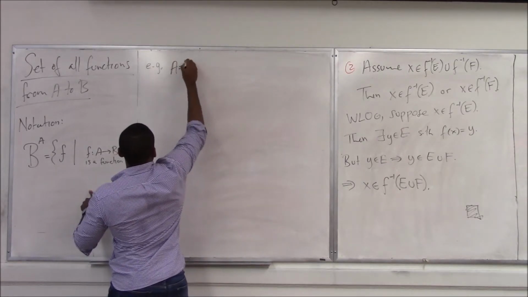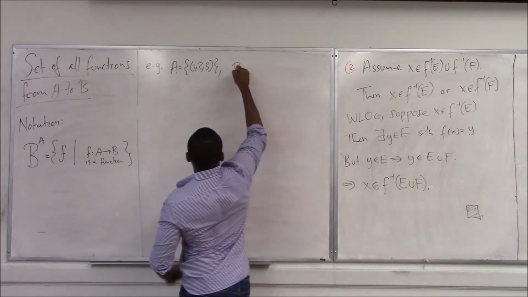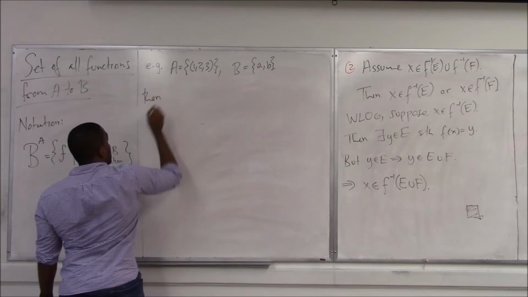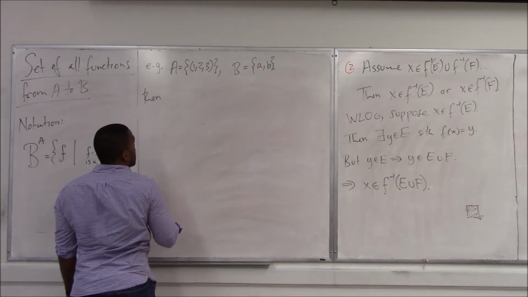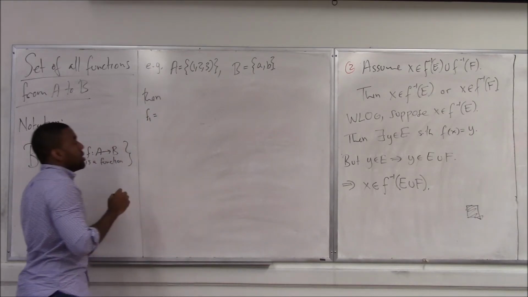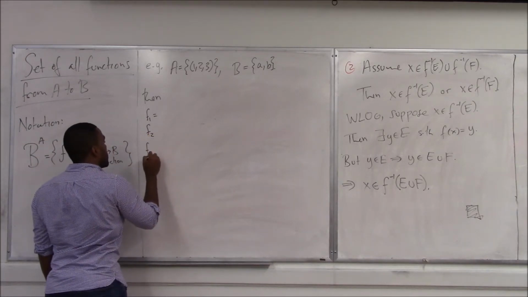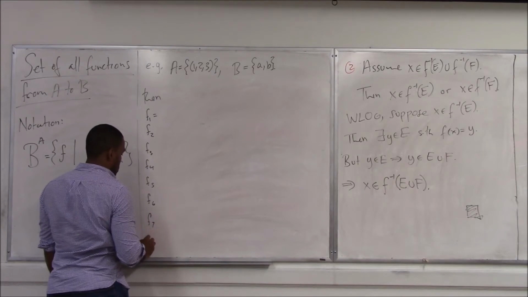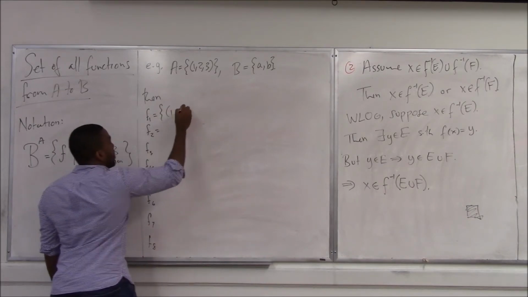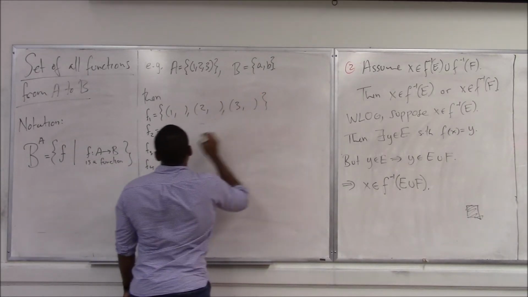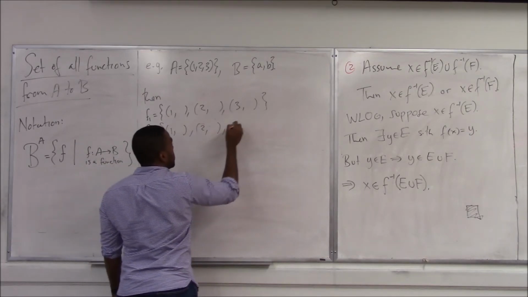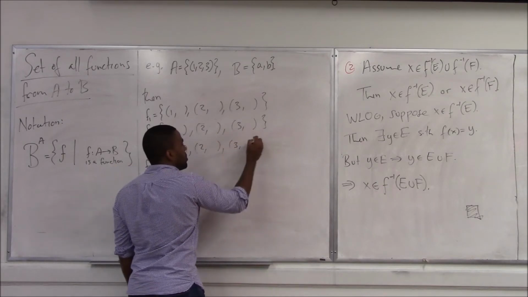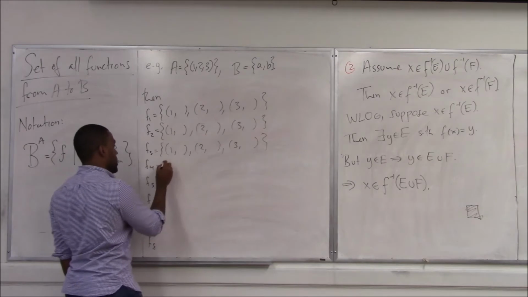Example: let A be the set {1, 2, 3} and B be the set {a, b}. Then tell me some functions that can go from A to B. You could even do this in table form if it's easier for you, with the kind of manipulation that we did when creating truth tables.